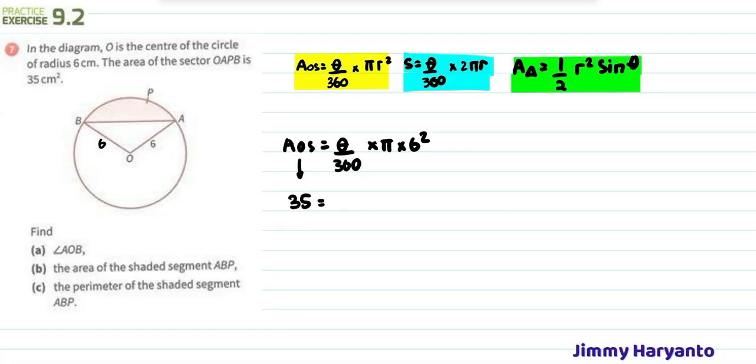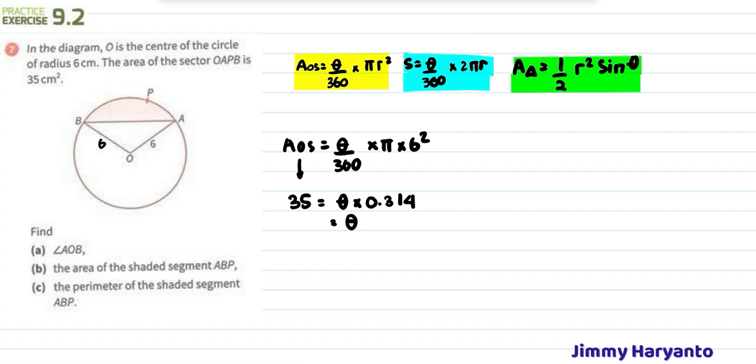So 35 equals pi times 6 squared divided by 360 times theta, which is 0.3142 times theta.